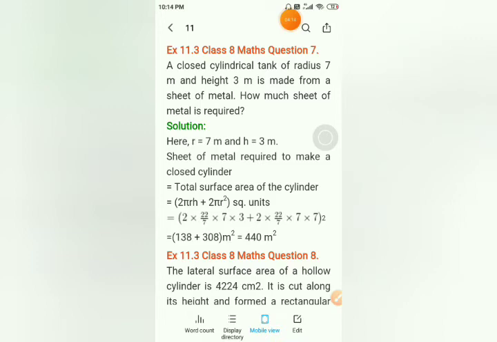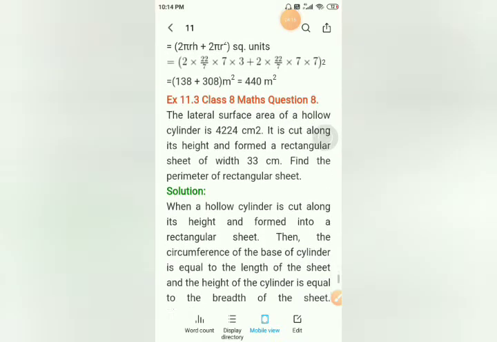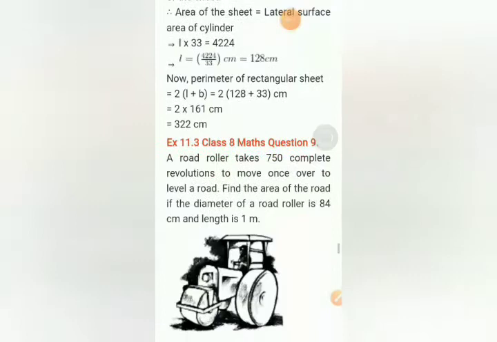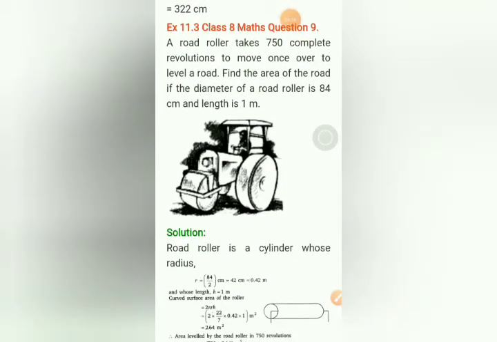Now let's see how to solve question number 9. It says that a road roller takes 750 complete revolutions to move once over to level a road. Find the area of the road if the diameter of the road roller is 84 centimeter and length is 1 meter.